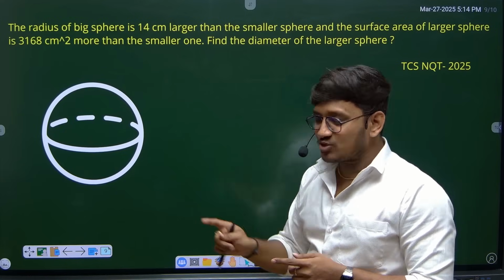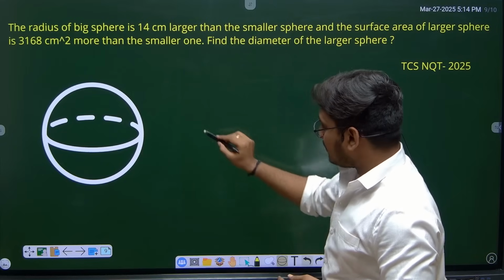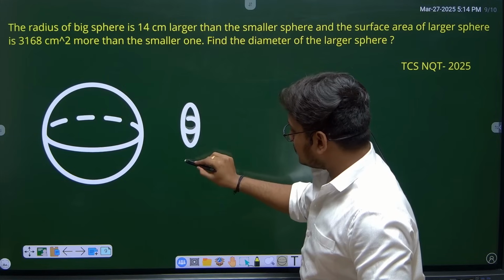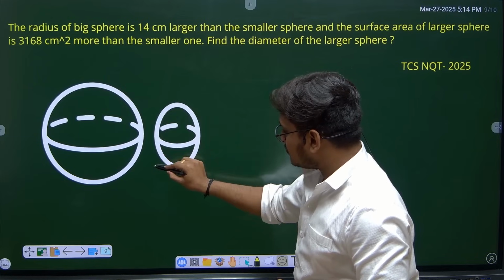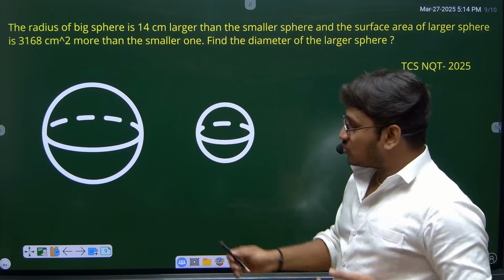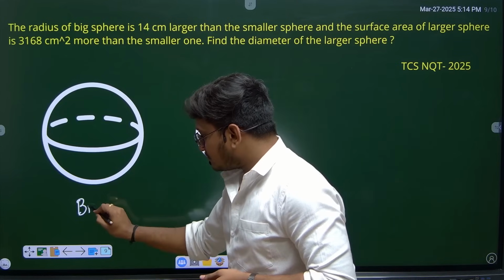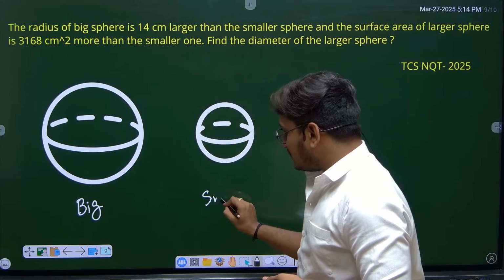A circle is 2D, right? So a sphere is a 3D figure. Let me take one bigger and one smaller one.